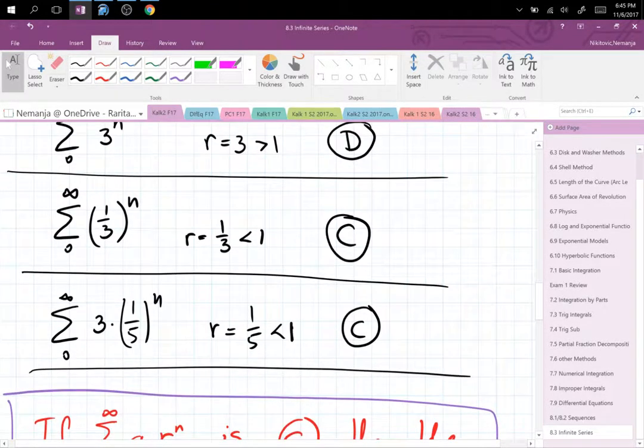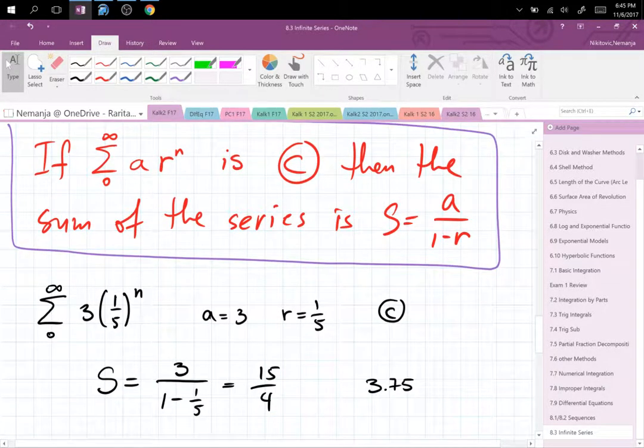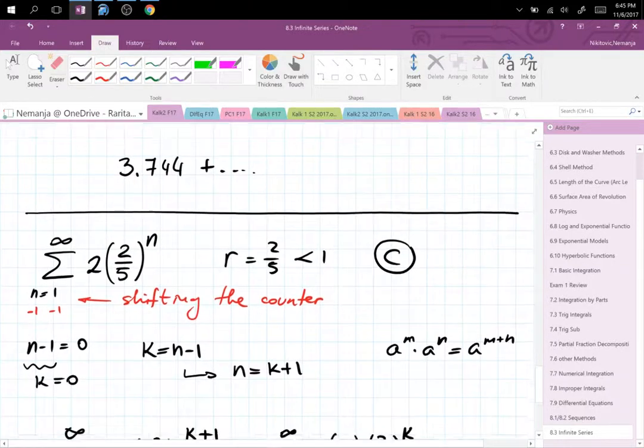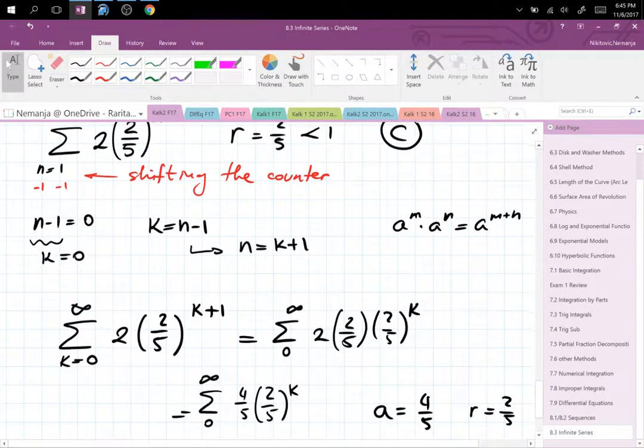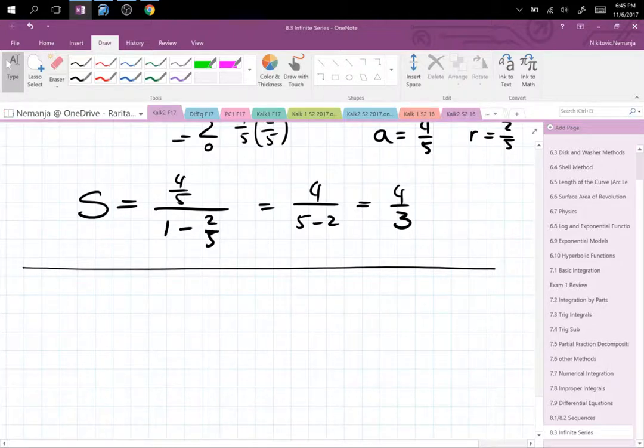Then you look at the R, determine convergent, divergent. If it's convergent, you can figure out the sum by computing this. If the counter doesn't start at 0, you shift the counter and then figure out what the actual A is and compute the values. Yes?